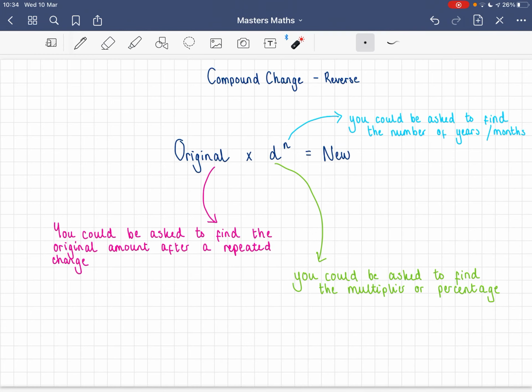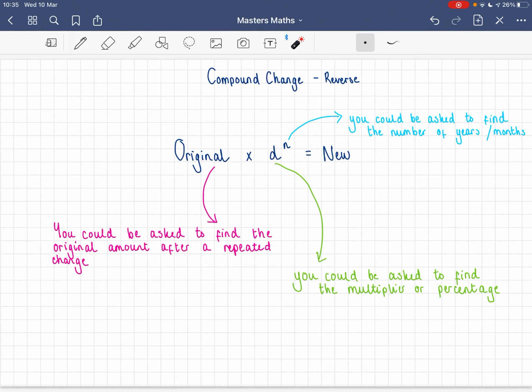Then the power is the number of years, months, or periods of time that you are increasing or decreasing by whatever percentage. That gives you your new value, your final answer.